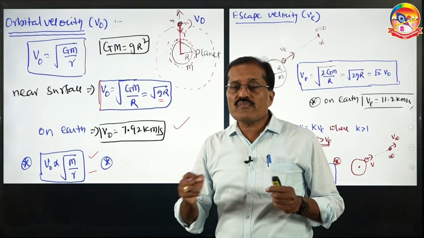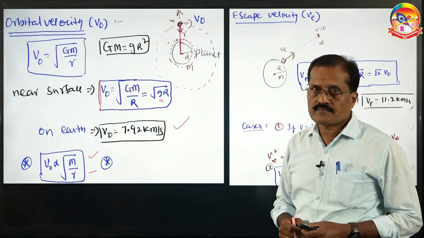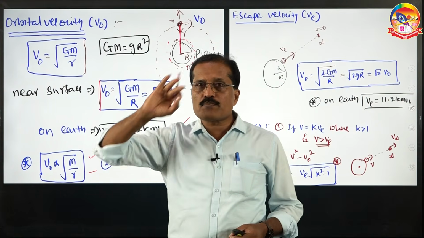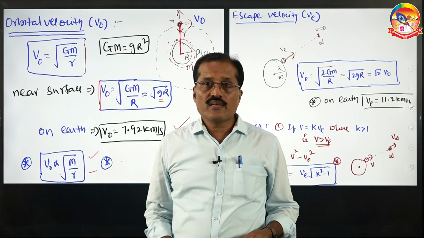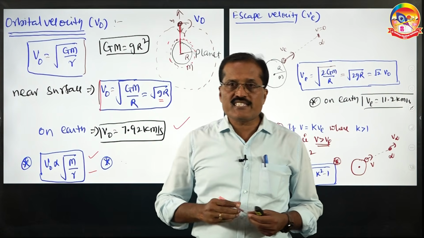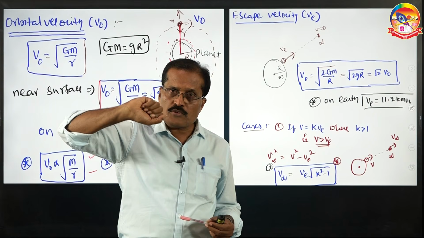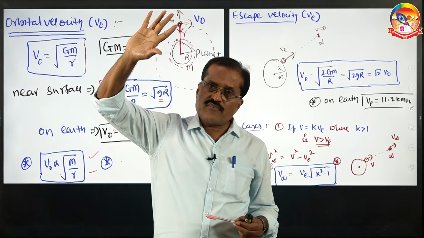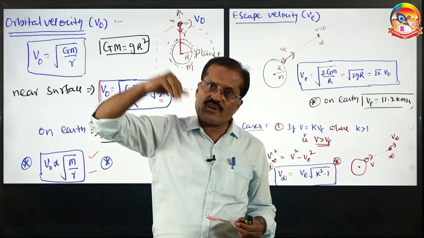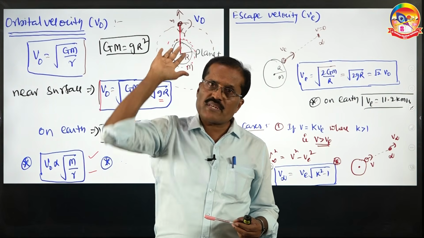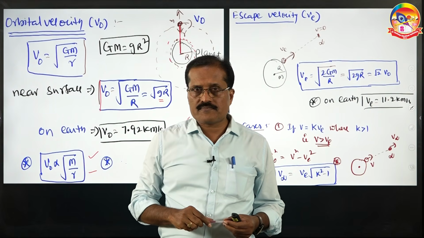And one more velocity is called the escape velocity. Orbital velocity must be projected horizontally, no doubt. Escape velocity, children: whenever you have an object on the surface of the planet and you project the body with a certain velocity, the body never comes back to the ground, it escapes from the gravitational field. That is called escape velocity.